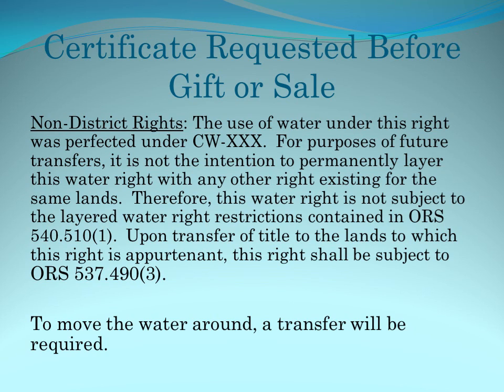Upon transfer of title to the lands to which this right is appurtenant, this right shall be subject to ORS 537.490(3). To move the water around, a transfer will be required, and the transfer statutes and fees are applicable.